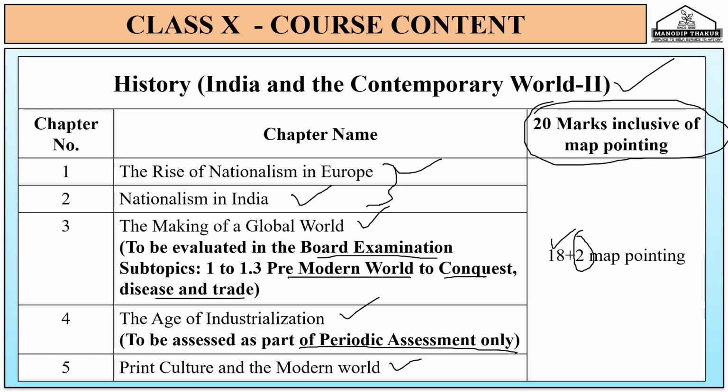And then the fifth chapter, Print Culture and the Modern World, will be entirely in the board examination. So from history there will be chapters 1, 2, 3 and 5, that is 3.5 chapters in total from history in social science.